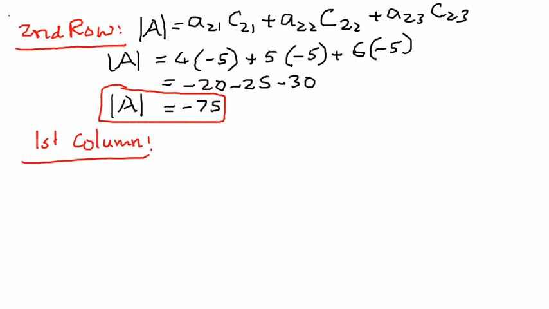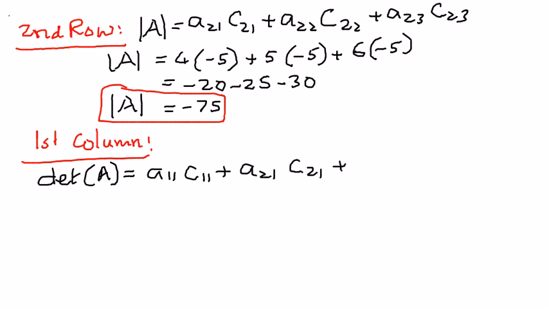The way to write this one out is as follows: the determinant of A is equal to A11 C11 plus A21 C21 plus A31 C31. We are going by the first column this time, and the value of A11 is negative 3.